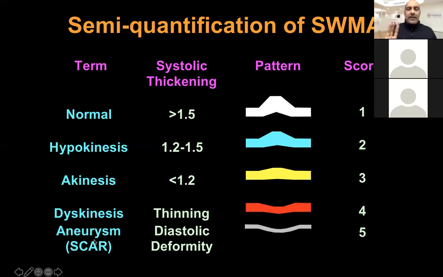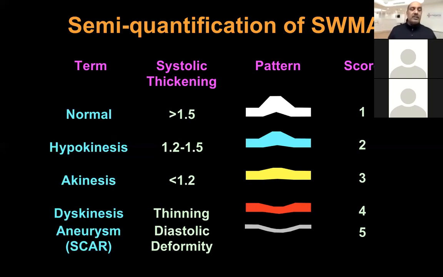Now, we have discussed the terms, but practically the importance is to understand how you translate that into your day-to-day clinical practice. Normal is what our eyes have been tuned to look at as normal contractility. And sometimes when there is a wall motion abnormality, the most contractile segment is ranked as normal.